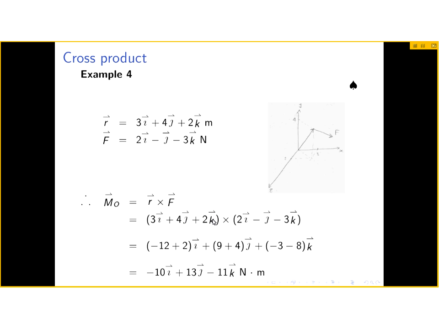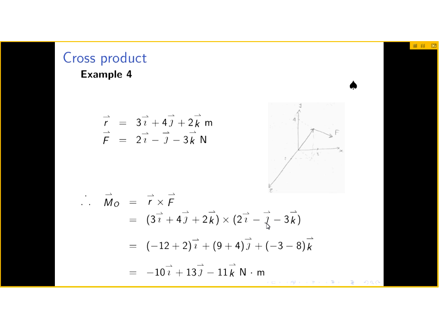I move on to the last component of R, 2k. 2k cross 2i gives me 4 times k cross i, which is in the plus j direction, so that gives me this contribution here. Then secondly, 2k cross minus j gives me minus 2 times k cross j.